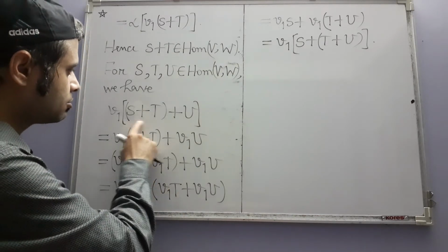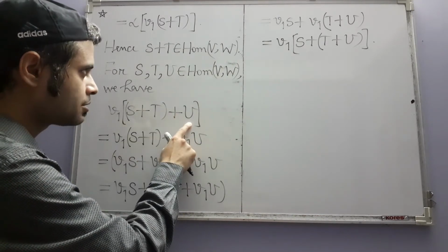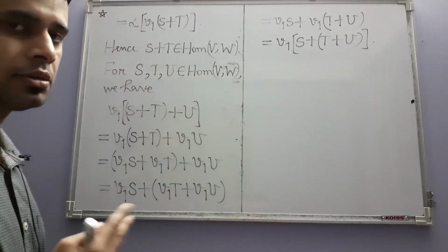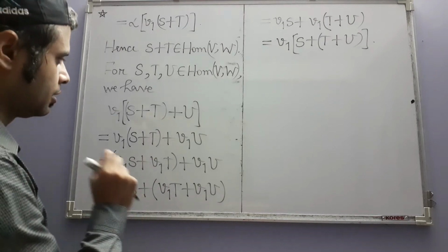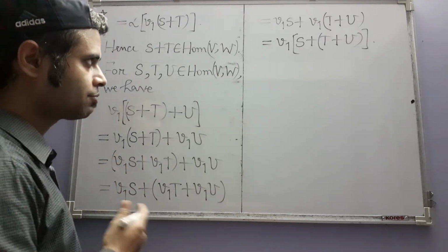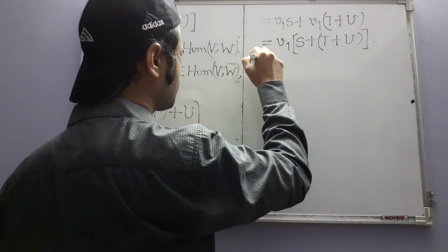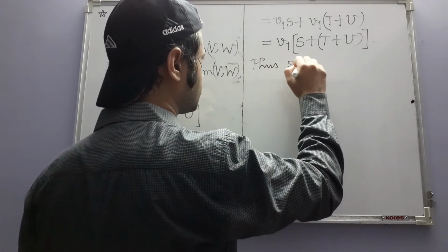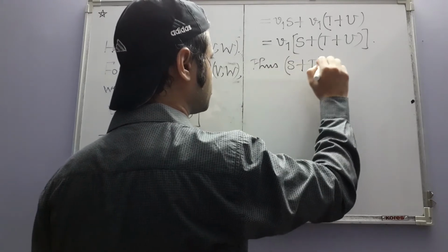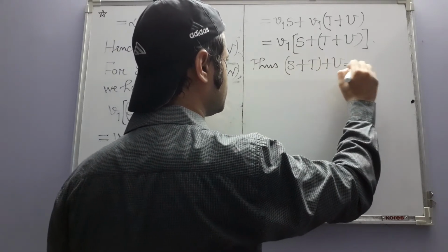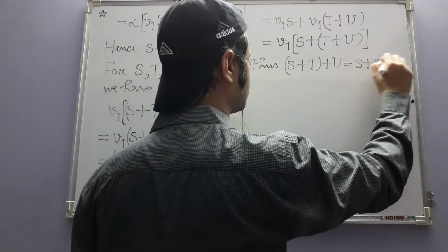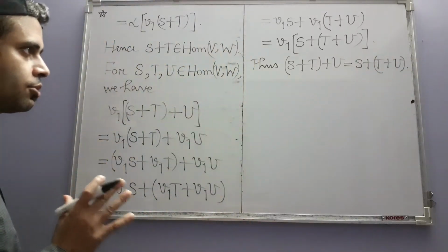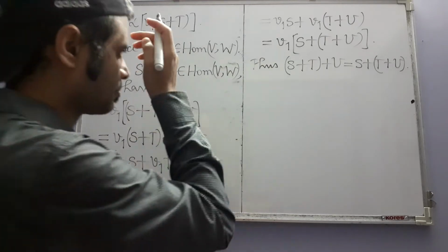So that means these two functions (S plus T) plus U and S plus (T plus U) actually give us the same image for a given input. So as functions they are equal, so that means the addition we have defined has now been shown to be associative also.